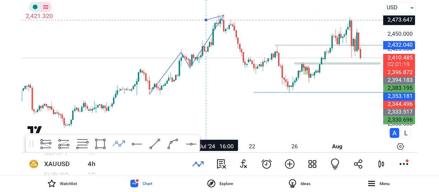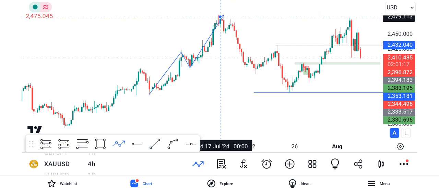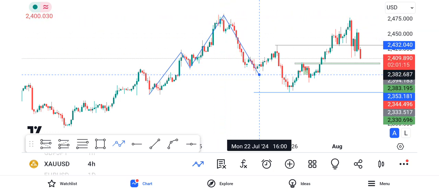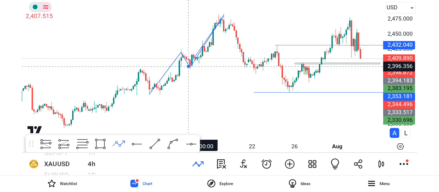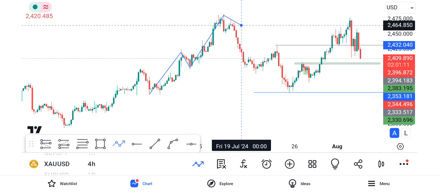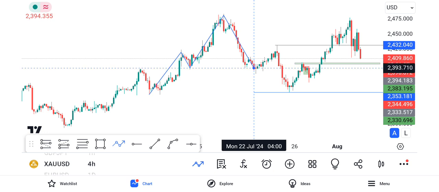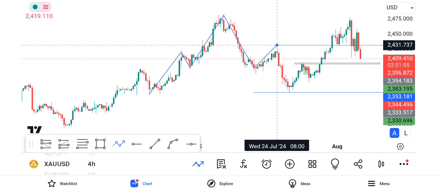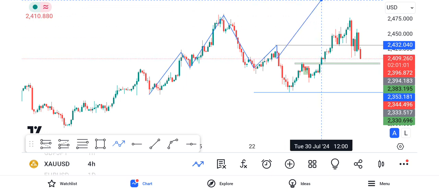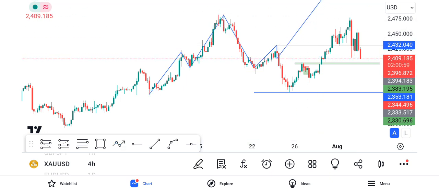Now it is this high right here that broke this low, because it comes here and created a new resistance. Price could just look for a support here and bounce back. But instead, price didn't do that.